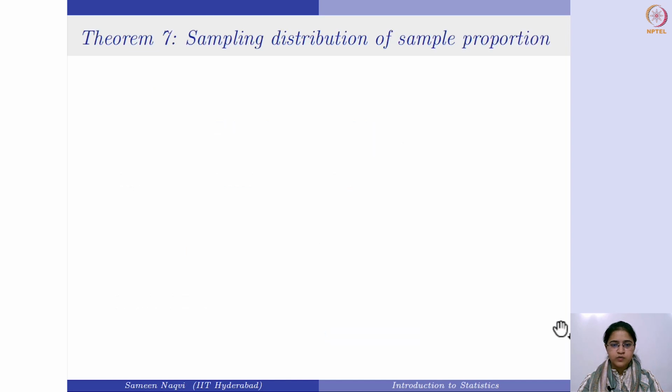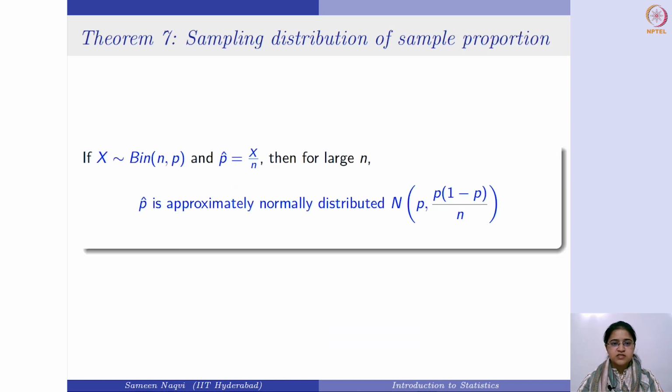Now with this background, we can finalize the theorem, which states that if you have a random variable x following a binomial distribution with parameters n and p, and p hat, the sample proportion, is given as x by n, then for a large sample size, p hat is approximately normally distributed with mean p and variance p into 1 minus p by n.